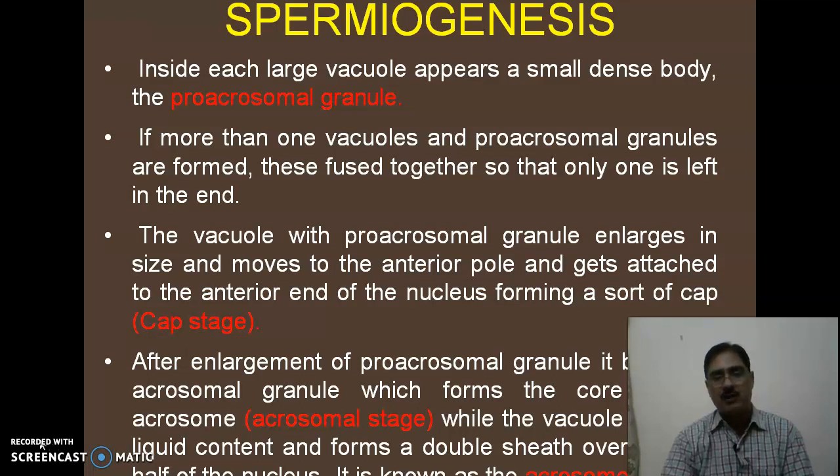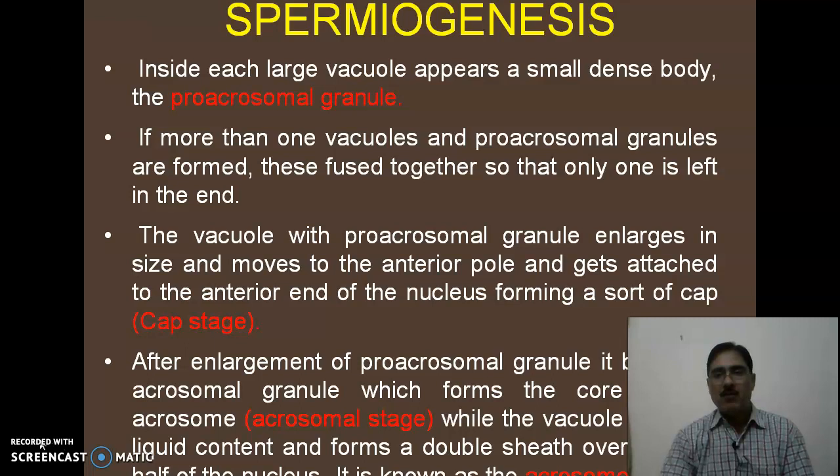The vacuole with the proacrosomal granule enlarges in size, moves to the anterior pole and gets attached to the anterior end of the nucleus, forming a sort of cap. This is known as the cap stage of acrosome formation. Secondly, after enlargement, the proacrosomal granule becomes the acrosomal granule, which forms the core of the acrosome. This is known as the acrosomal stage.